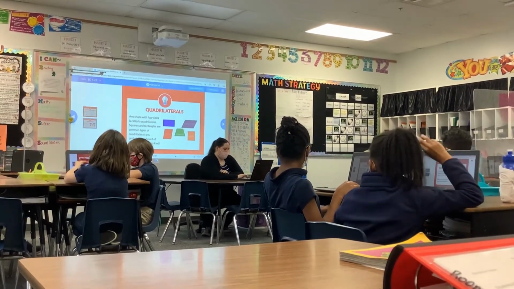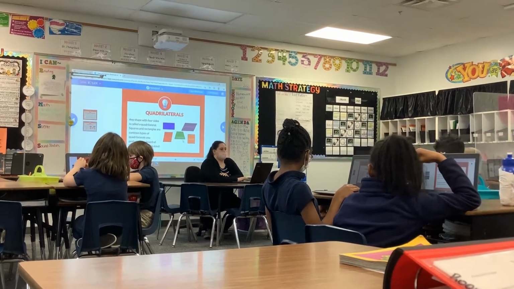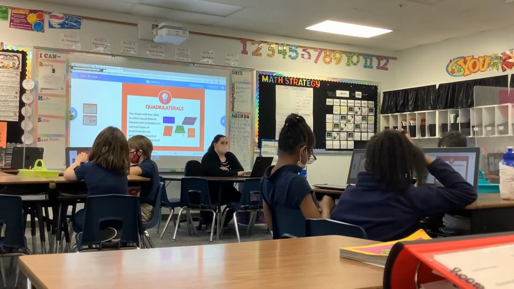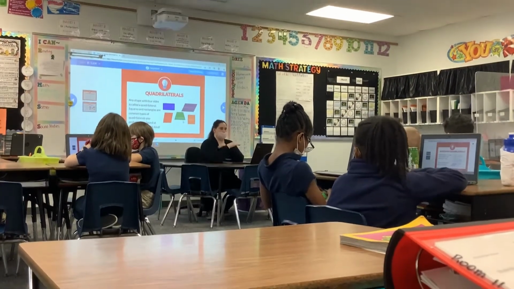It's like a house, a very dented house. Almost like a triangle, but instead of coming to a point, it has a line at the top.